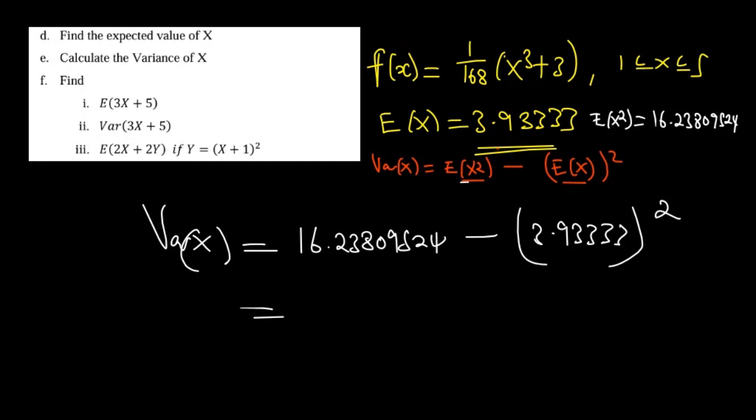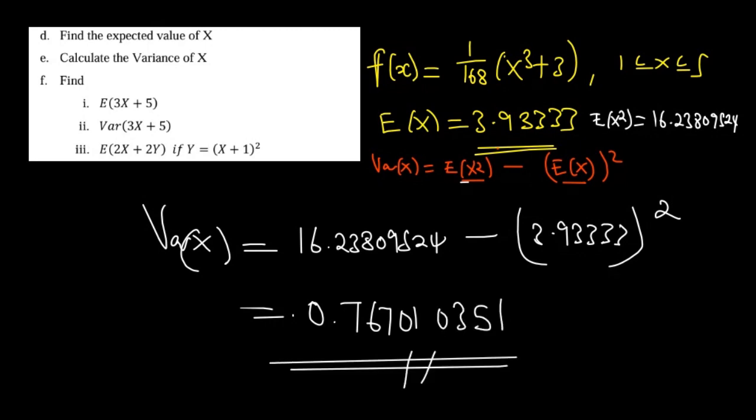What I get there as my variance is 0.76701031. So that's my answer there. That's my variance. We can keep this variance for future use somewhere here. So we can say my variance of x is actually equal to 0.76701031.